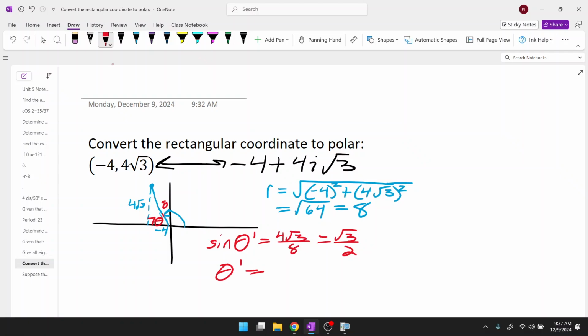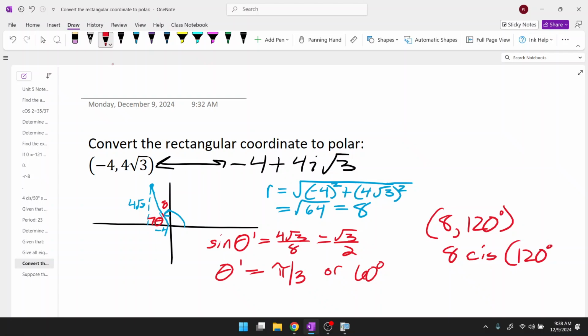And of course, I will give you a unit circle to use. And this is going to be pi over 3, or 60 degrees. So basically, 180 minus that, it's going to be 120 degrees, or 8 cis 120 degrees.